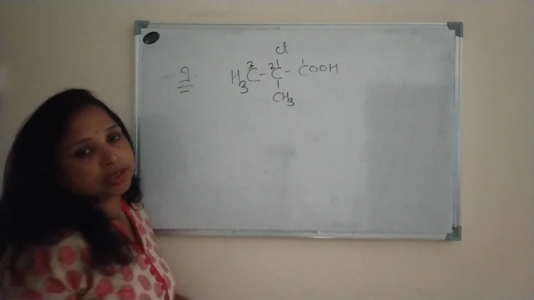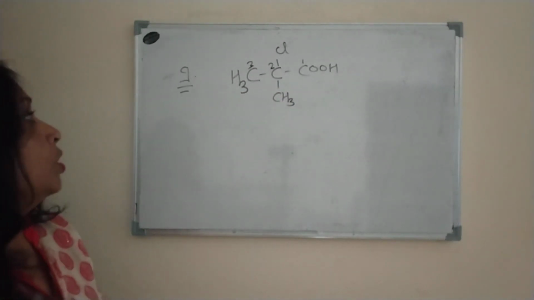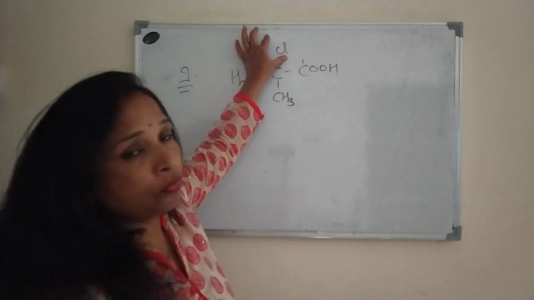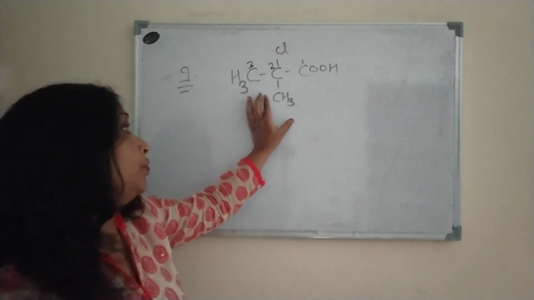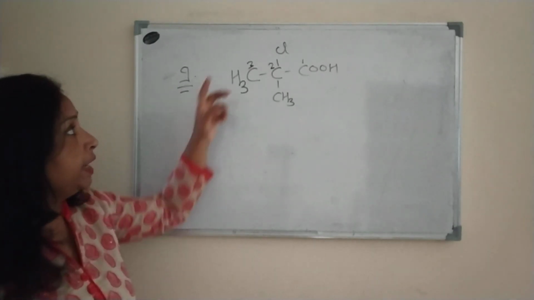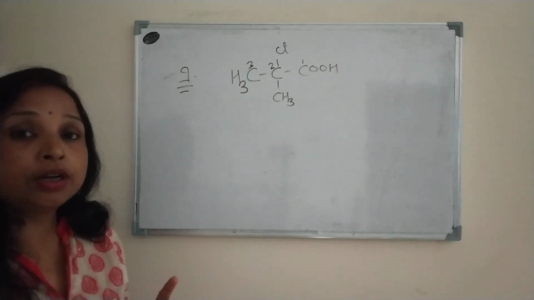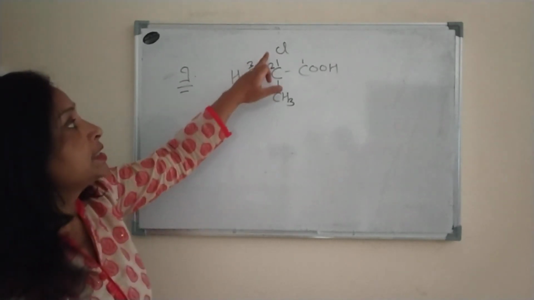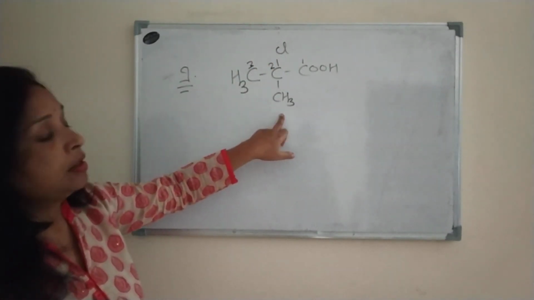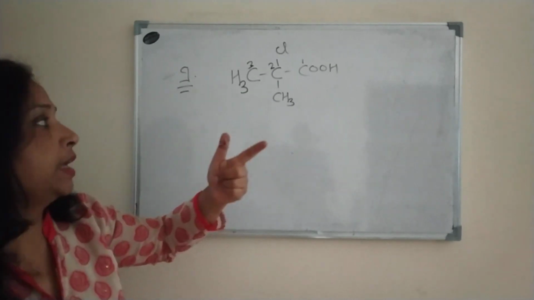Now we use chloro for this and methyl for this. We have to name Cl and methyl in alphabetical order. In alphabetical order, C comes first and M after that.